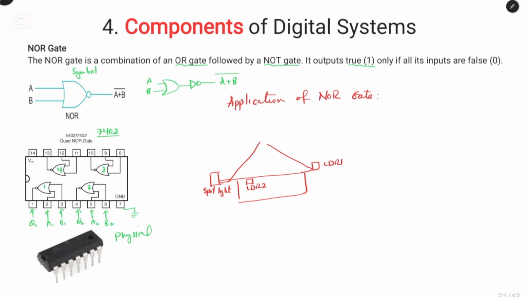The condition is that when the light dependent resistors 1 and 2, both of them go low, we want the spotlight to shine, maybe for security purposes. Now we can design a circuit that will help us understand how this application of a NOR gate will work.